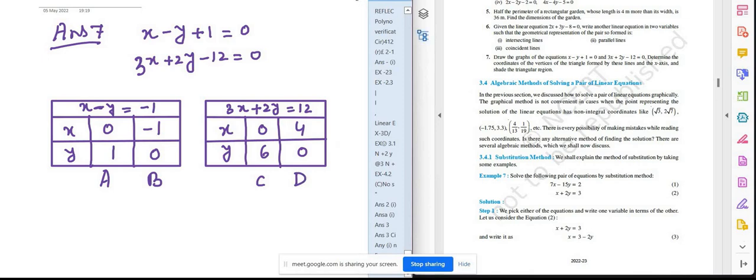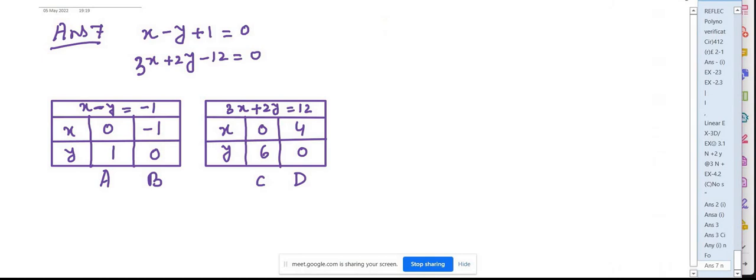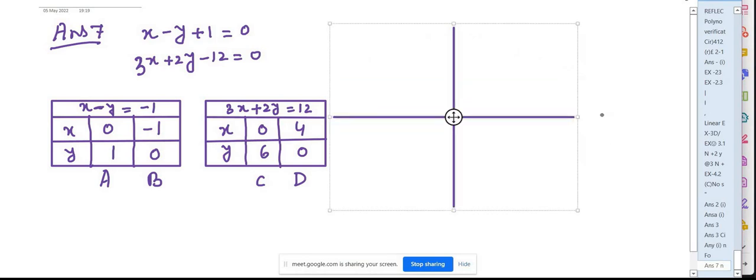Now after that, draw the graph. So x dash, O, x, y dash, O, y.